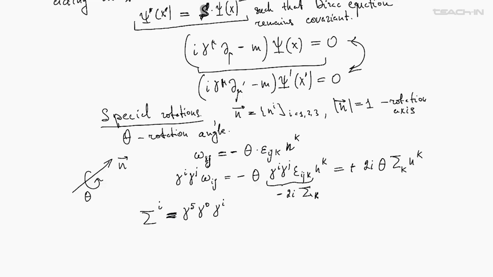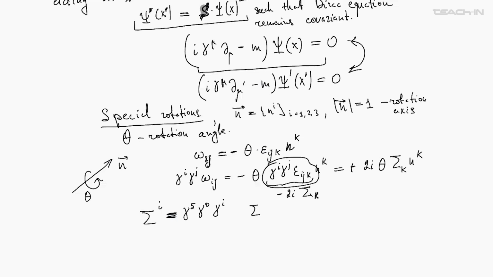You can show that due to the Clifford algebra relation, this is the same as an expression I'm given here in terms of gamma 5, gamma 0, gamma I. And you see also that the object we have introduced is a matrix. And this matrix has three components.